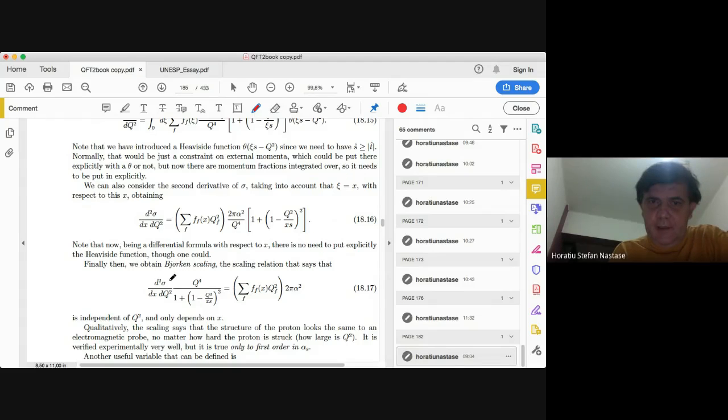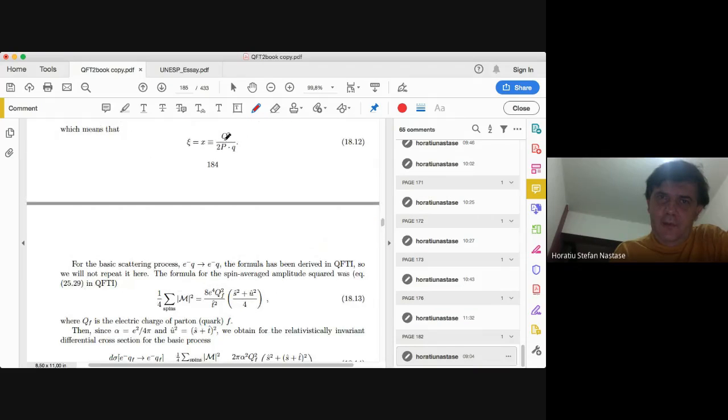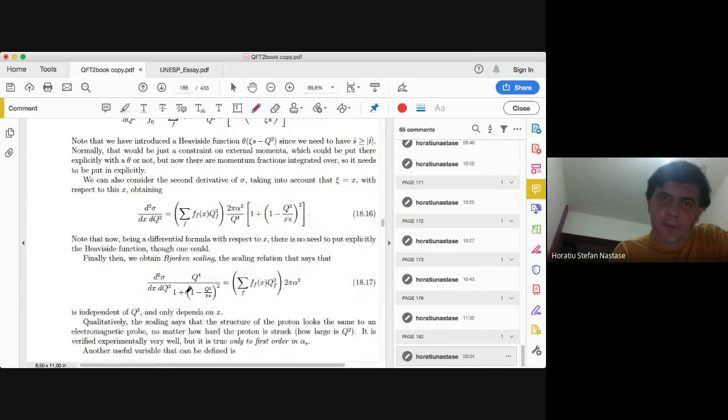The point is that this contains all the dependence on the momentum transfer Q. So it's the second derivative with respect to this momentum transfer squared, Q squared, and x, which is x itself also includes Q squared. And then Q fourth, and then I have also Q squared here. So this contains all the dependence on momentum transfer, but there's no momentum transfer here.